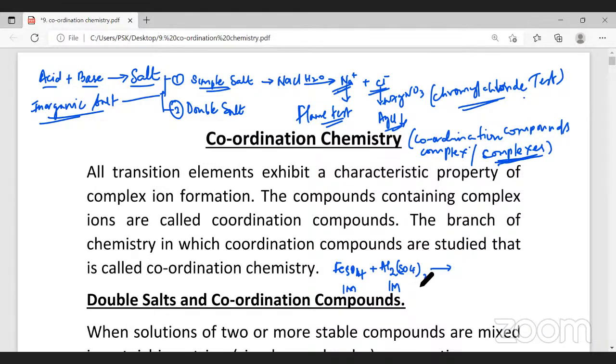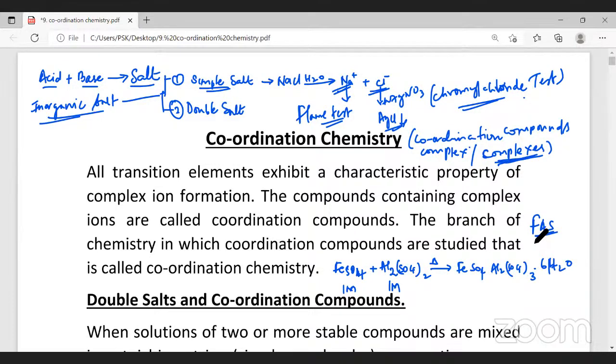You are mixing it in a container and heating it to dryness. When you heat it to dryness, you get FeSO4, Al2(SO4)3, and 6H2O. This is called ferrous ammonium sulfate.